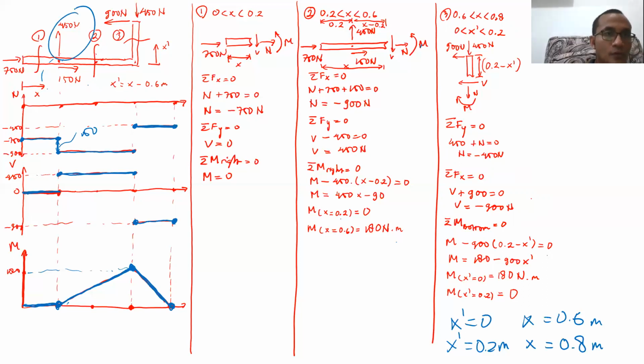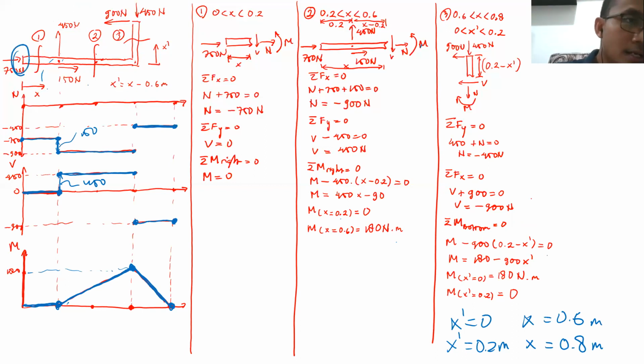Due to this particular force, 450, there's supposed to be a jump in the shear force. And you can see here at this particular point it is 0 to 450. So there is a jump of 450 here, which is the same as this one. So it's correct as well. And the last thing that we're supposed to check is at both ends.